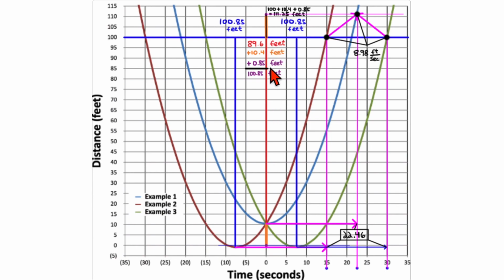Add those three together, that's 100.85 feet from rest. And then from point 0, you have to add this 10.4 feet to get you out to 111.25 feet. So 100 feet plus 0.85 of a foot, that's from rest to this point right here. And then you have to add this 10.4 feet right here to figure out the total distance from point 0. Once again, 111.25 feet.